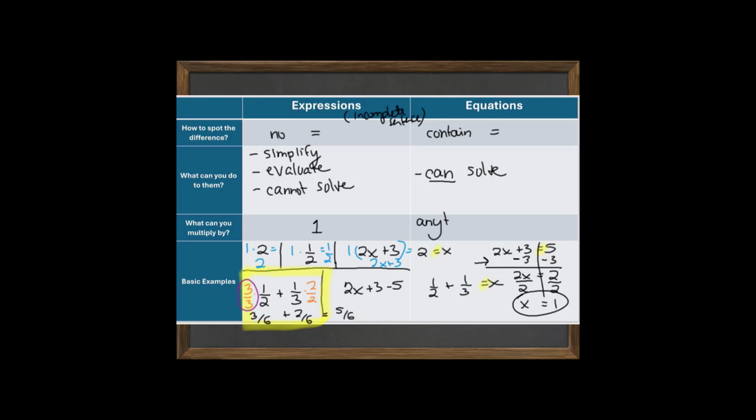The answer is anything, as long as you do it to both sides of the equation. You can also add anything you want to both sides. You can subtract something. You can do anything you want to the equation as long as you're doing the same thing to both sides.